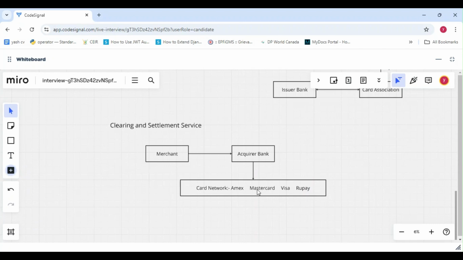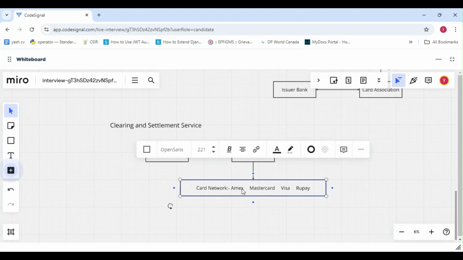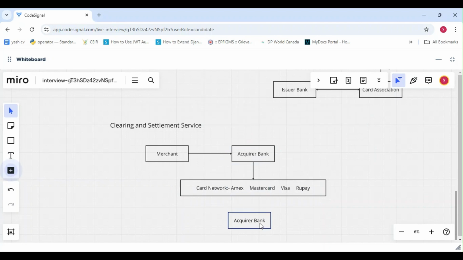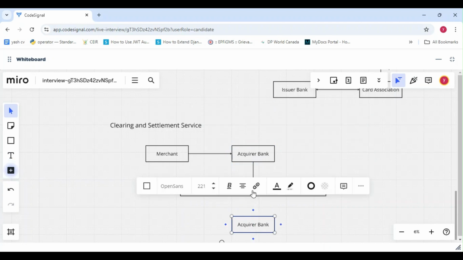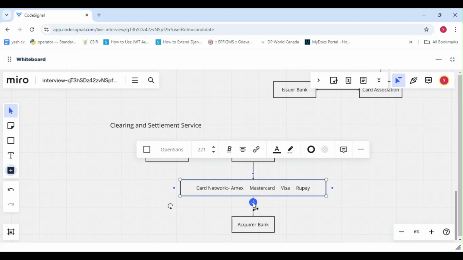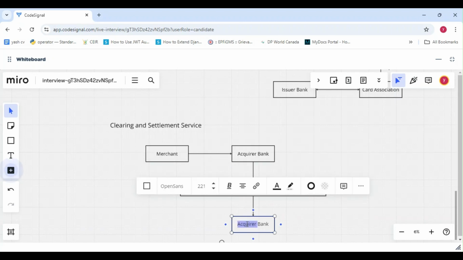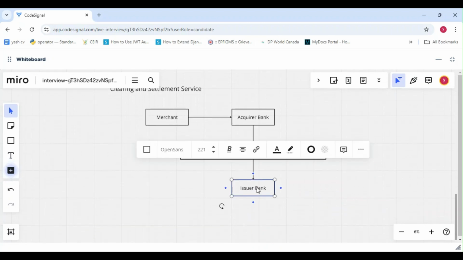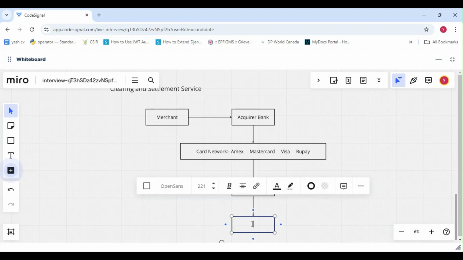From the card network, it will go to the issuer bank. From the issuer bank, it will actually go to the customer's bank account.